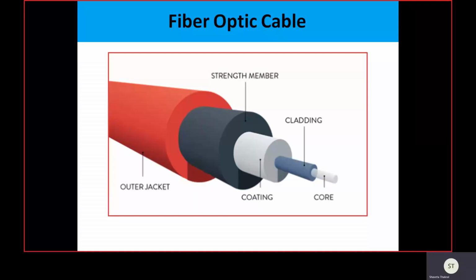It has very large bandwidth, it is less susceptible to noise and interference, and it is thinner as well as lighter. What are the disadvantages of fiber optic cable? It is comparatively expensive to install, and it is fragile and difficult to splice also.